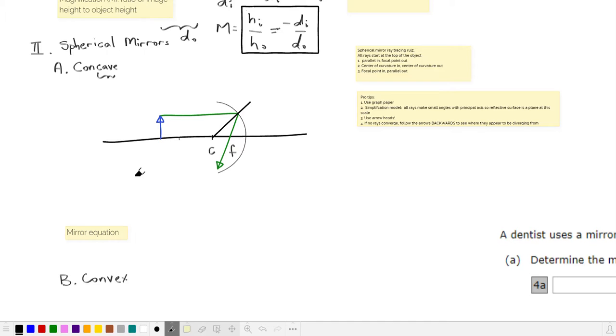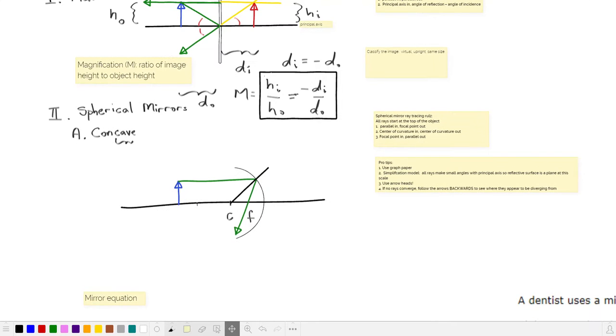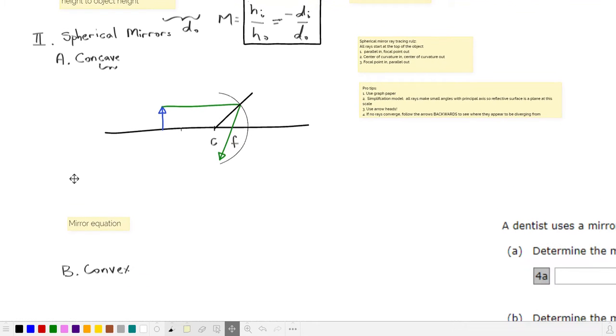Did I write that anywhere? No, I guess I will now. So a ray that comes from infinitely far away will be parallel to the axis, and any paraxial ray will converge there.